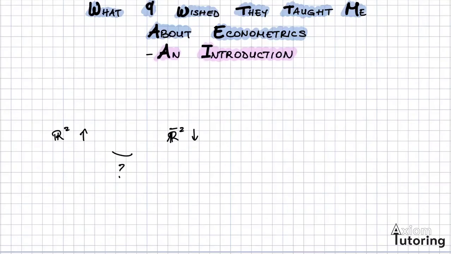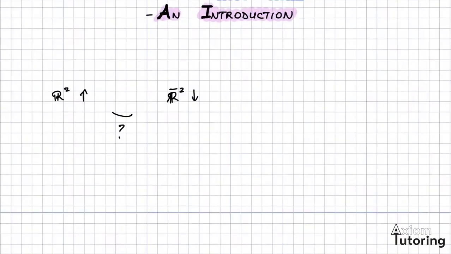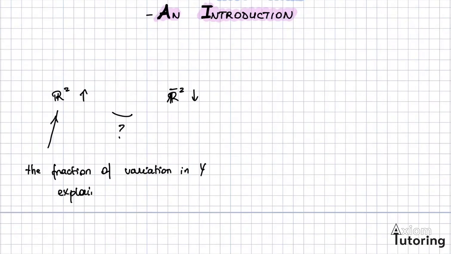And in order to do that, let's do a very quick recap. What is the R squared telling us? Remember, the R squared is the fraction of variation in Y explained by the model. And mechanically, we said that when you add regressors, R squared can only stay the same or increase.